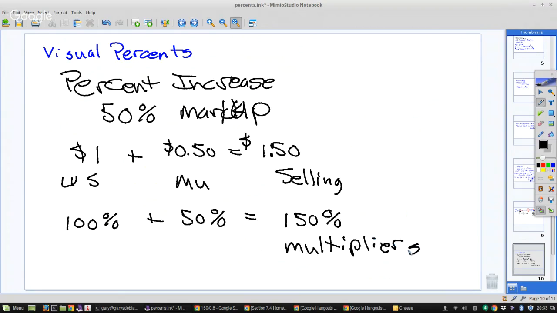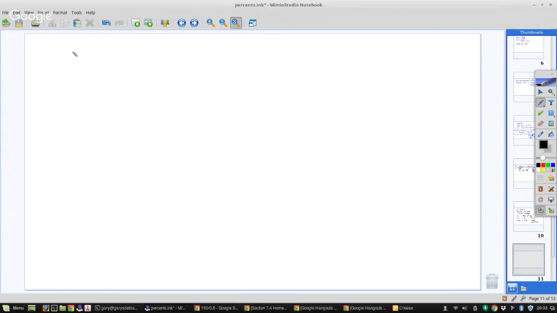Now it's called a multiplier because I can directly multiply by it to get the selling price or the future amount in this case. So let's take that we have a wholesale value for something, $75. We have percent markup, 50%.